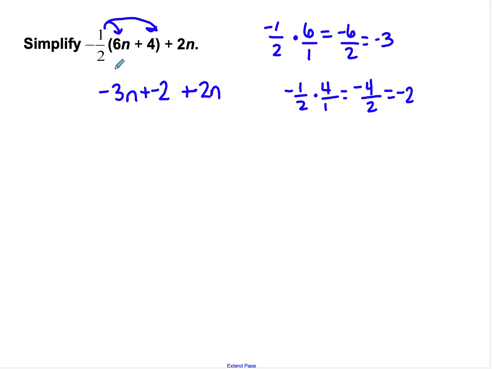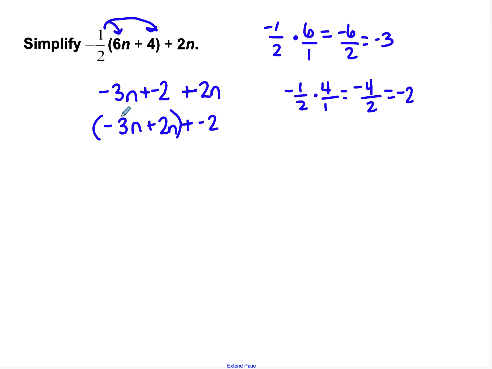All right, so here we go. Negative 3n plus negative 2 plus 2n. I'm going to use that commutative property to put my like terms next to each other. And I'm going to go ahead and use the associative property, even though I don't have to group them, just so you can see these two are going to go together. So negative 3n plus 2n.